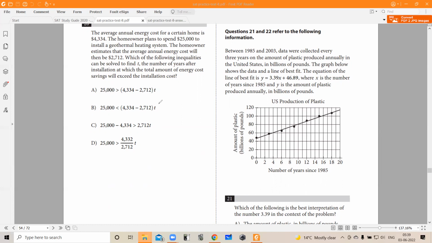I think it's C. You have to give the explanation and should be confident. 4,334 doesn't have anything to do with T. It has to do. But once you install the geothermal thing, you're no longer paying the 4,334. Yeah, but if you're not having the geothermal thing, then how much do you have to give every year? That 4,334, right? Oh, so it's A because you're subtracting what you pay now?